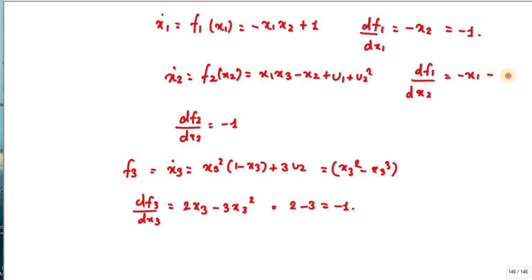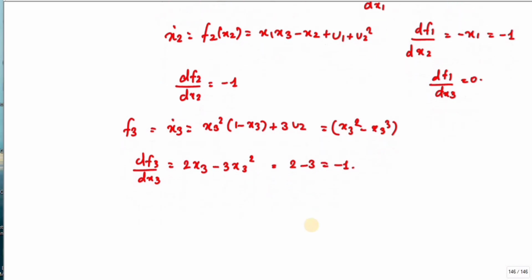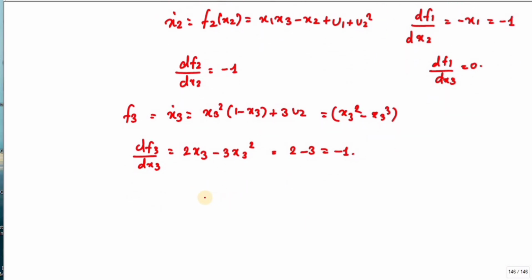In a similar way, I can obtain the value of df1 divided by dx2. I will get the answer as minus x1, and x1 value is 1, so I will get minus 1. And if I differentiate f1 with respect to x3, I will get 0.